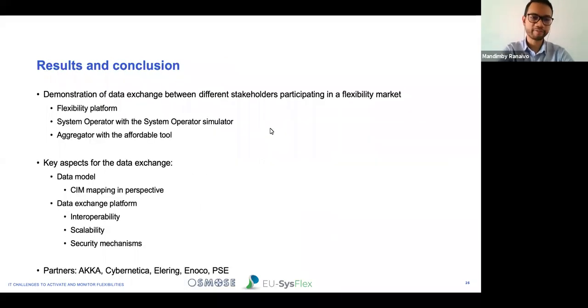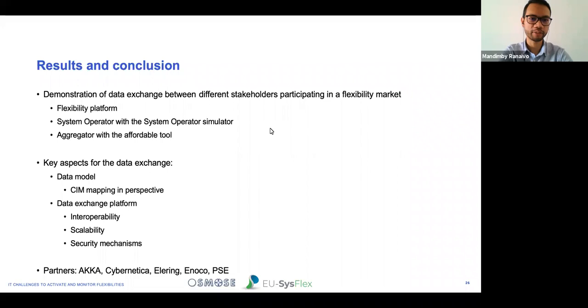So, results and conclusion. In this demo, we have demonstrated the data exchange between different stakeholders participating in a flexibility market. In the heart of this demo was the flexibility platform, supporting the processes and the coordination between the different stakeholders.